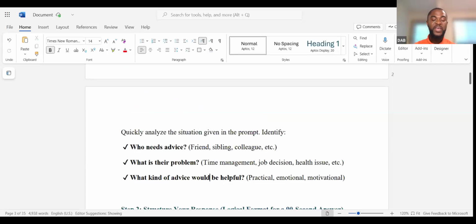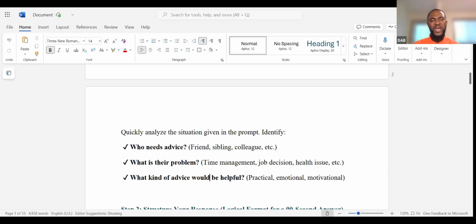Identify who needs the advice. You should know whether the person is your friend, your sibling, or your colleague. You identify the problem at hand so that you know what to talk about. Is it about time management? Is it about a job decision? Is it about health issues? Is it about moving from one city to another?